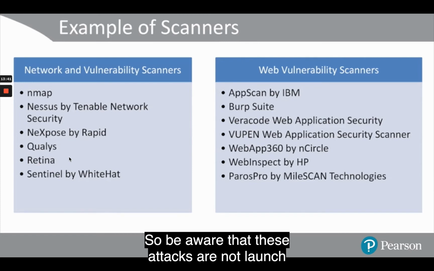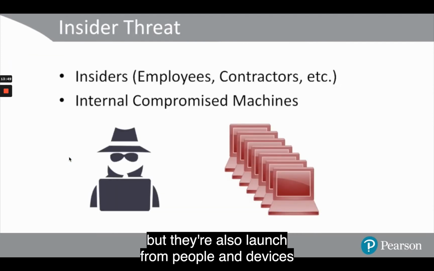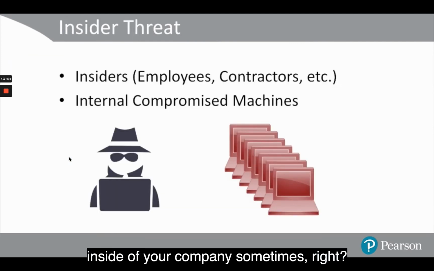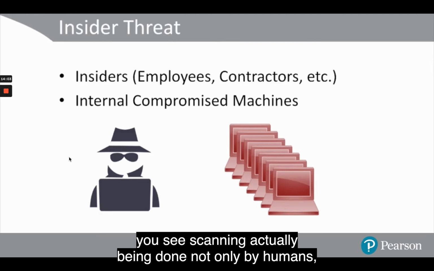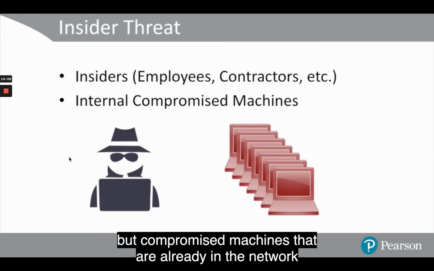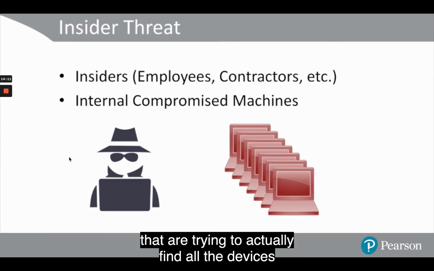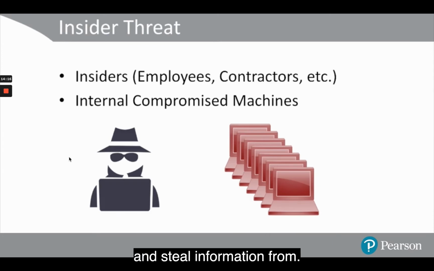So be aware that these attacks are not launched only from individuals outside of the company, but they're also launched from people and devices inside of your company sometimes, right? So it's what we call the insider threat. In a lot of places, you see scanning being done not only by humans but by compromised machines that are already in the network, that are trying to find all the devices that they can compromise and steal information from.